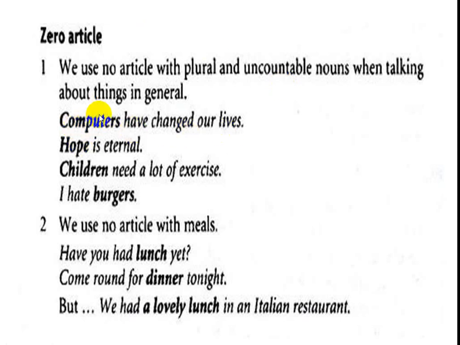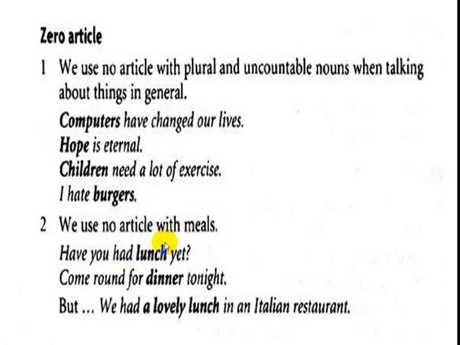Here we are talking about computers in general. Hope is eternal. Eternal means everlasting. We here are talking about things in general. Children need a lot of exercise. I hate burgers. We use no article with meals.